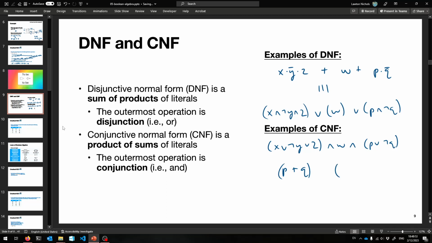This is like x plus y bar, and z plus w, and then you AND them together, so it's a product of sums. That's conjunctive normal form, and of course we can translate this back to the logic that we know and love. P ORed with q, ANDed with x ORed with not y, ANDed with z ORed with w. Okay, so that's conjunctive normal form and disjunctive normal form.